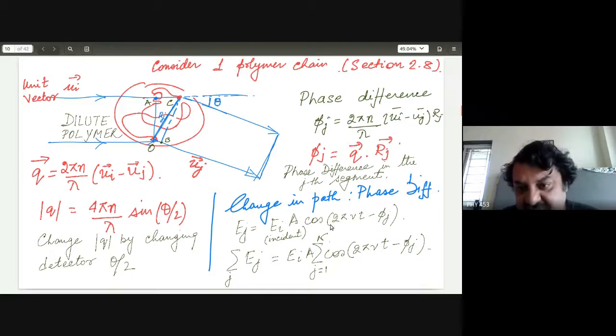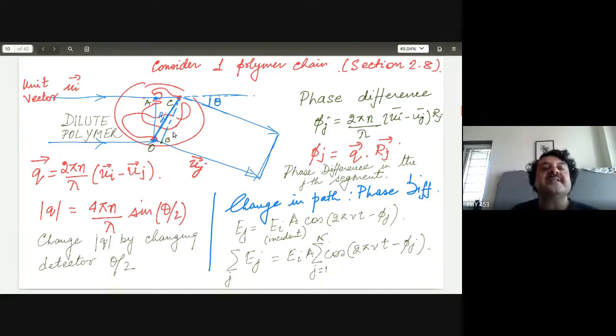But in terms of phase difference, you get, due to scattering from j, where this point is taken to be the origin, cos 2 pi nu t minus phi j. So this is the phase difference of this from this. This has been taken to be the origin.